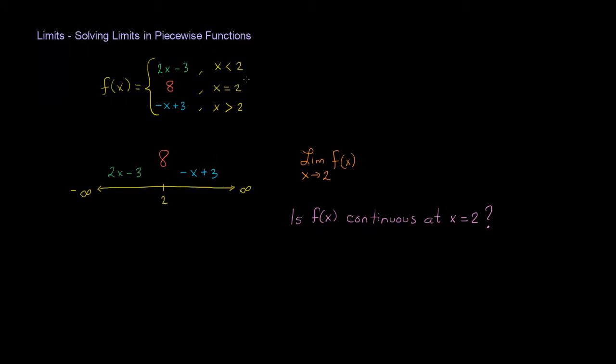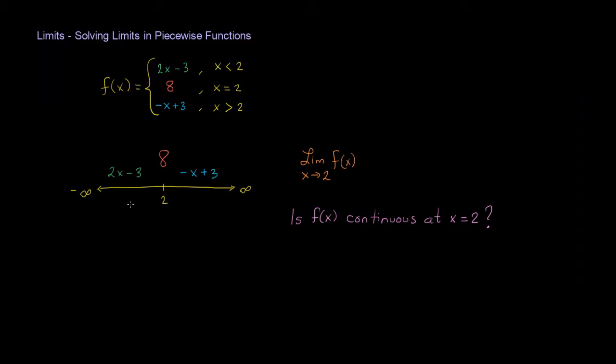Now notice something here: when x is equal to 2, the function f of x has a value of 8, but that's only when x is exactly equal to 2. For the purposes of finding a limit, it's completely useless.